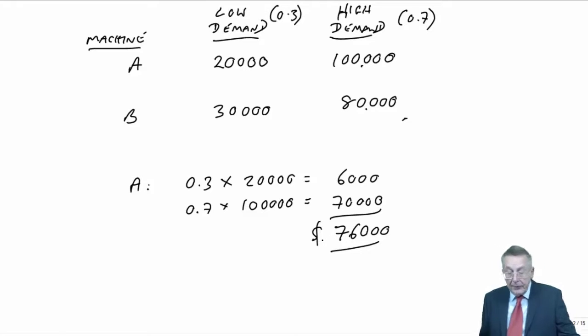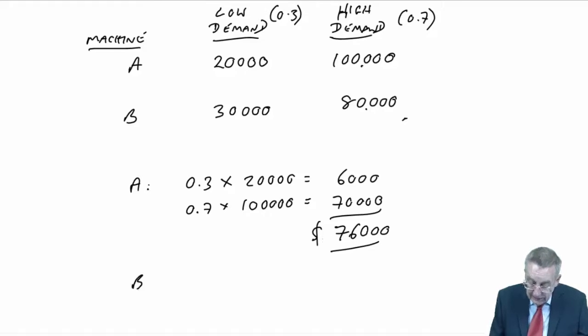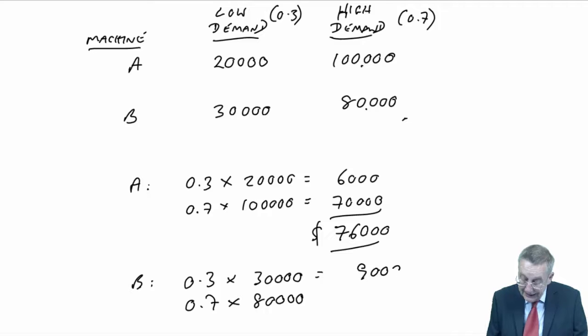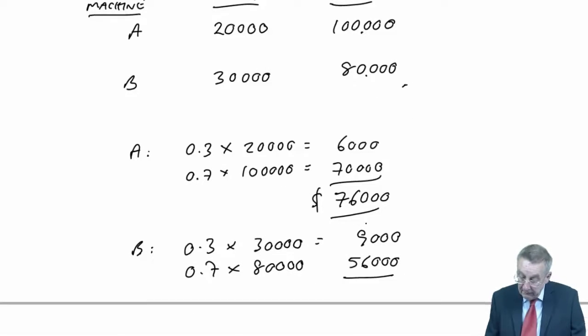And if we did the same for B, well, a 0.3 probability of getting 30,000, a 0.7 probability of getting 80,000 is 9,000 plus 56,000, 65,000.